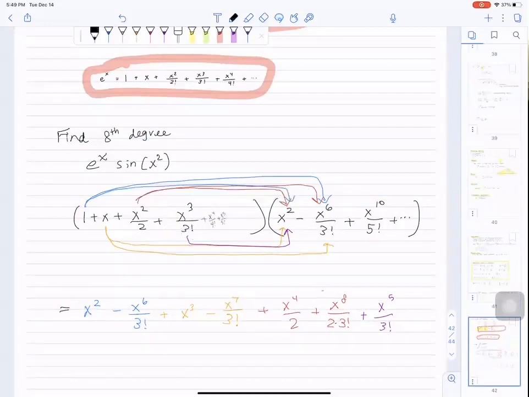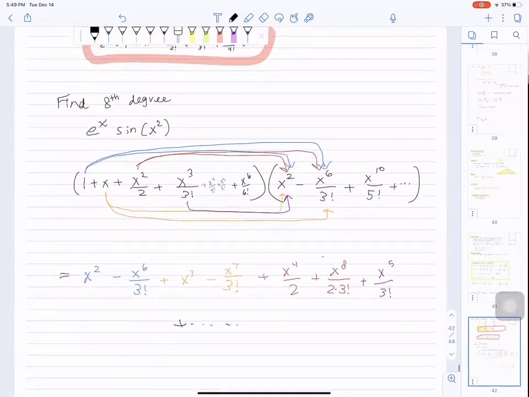You keep doing the FOILing thing for each term. The last term would be x to the 6th over 6 factorial times x squared, because once you go over, you get x to the 12th. I made it too much, so I won't continue it. But do you see the idea here? Keep going.